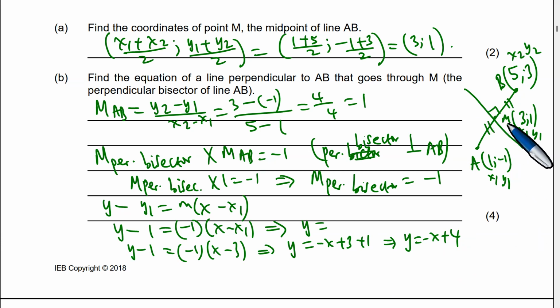That is the equation of the perpendicular bisector. What is the perpendicular bisector? It is a perpendicular line that divides the line AB into two equal parts, and therefore it bisects. Next question.